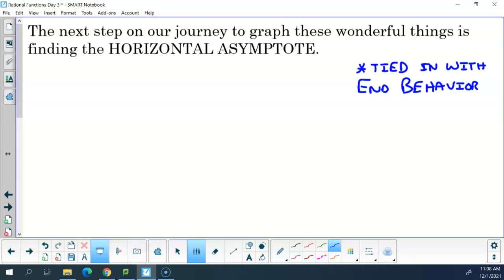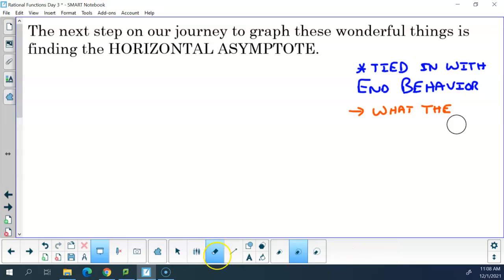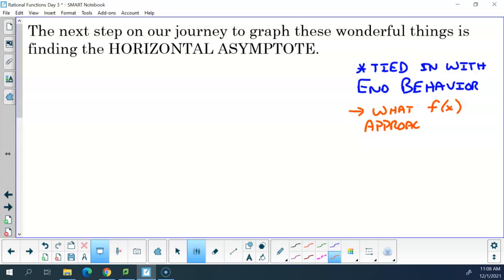Because the horizontal asymptote is what the function, I'll just say what f of x, we'll shorten it up, what f of x, or the function, approaches at x equals infinity and x equals negative infinity.